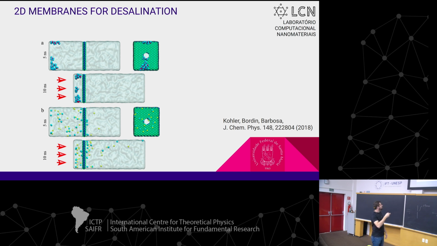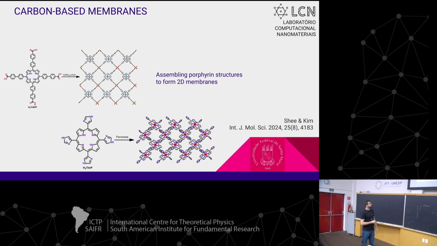So the difference in the rejection rates is mostly related to the fact that when you are trying to separate water from higher valence ions, you're actually separating big components of the aggregations between the ions. While when you are trying to separate salt from water, that's a little bit difficult because salt is very spread in the solution.